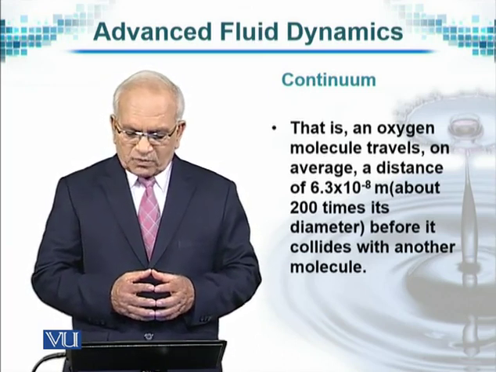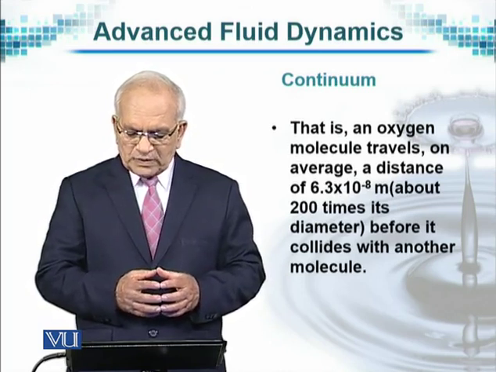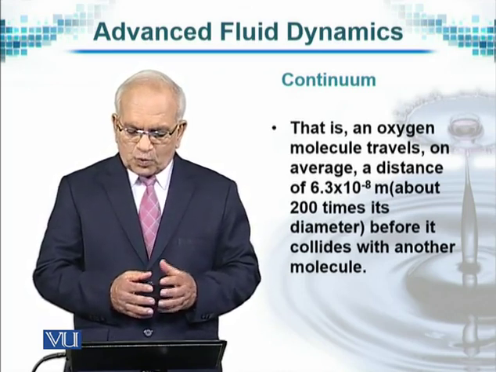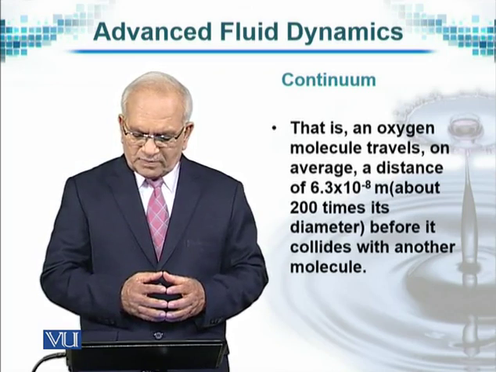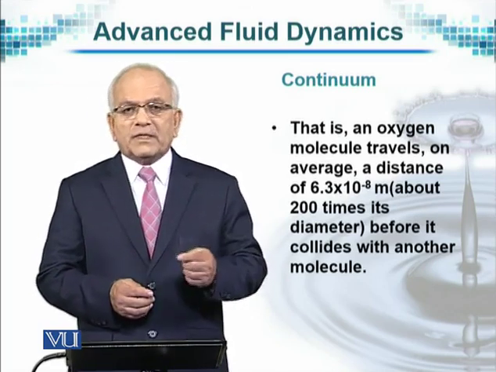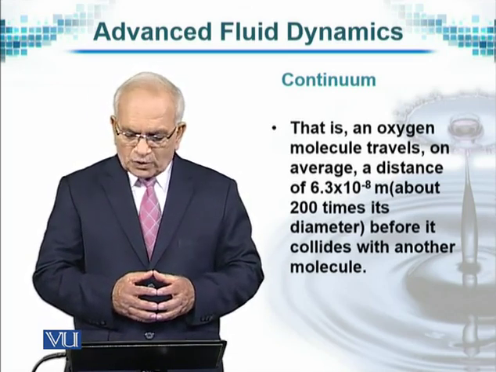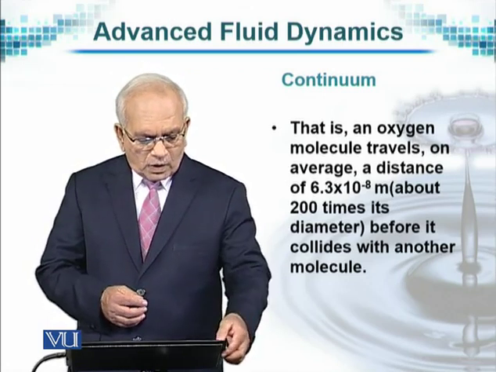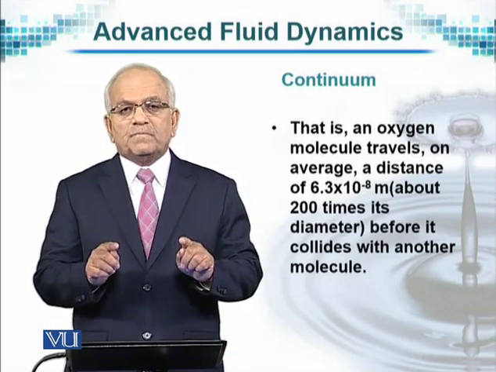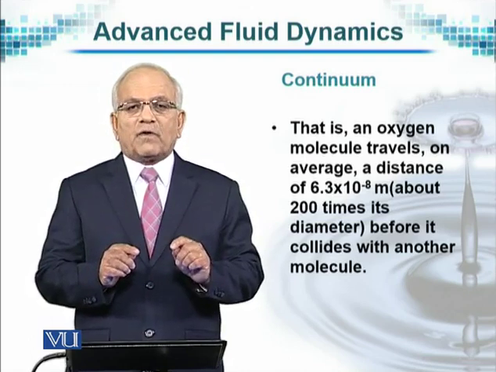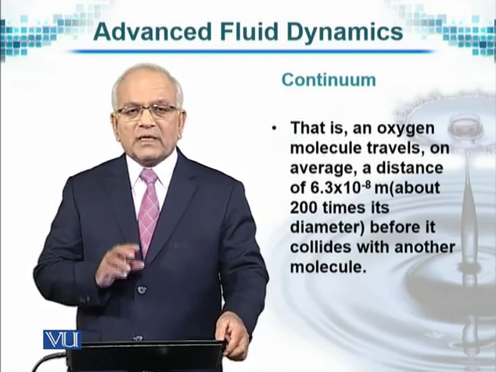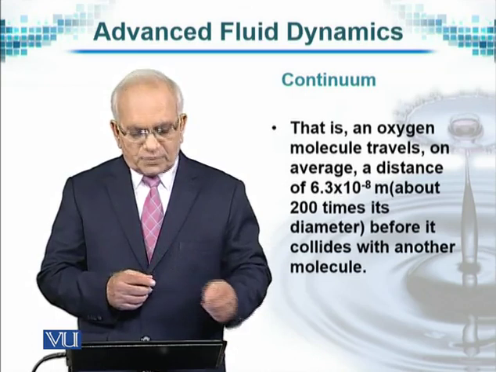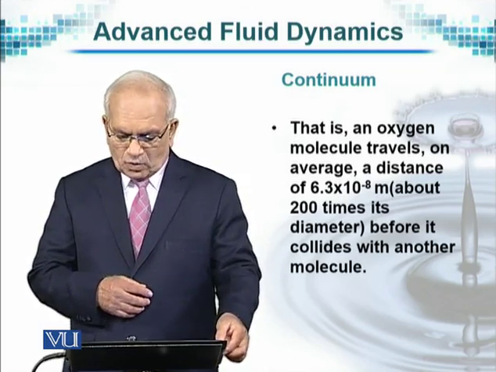If we compare it to the diameter of the oxygen molecule, it is 200 times its typical diameter before it meets its neighbor. So they are spaced at a distance nearly equal to 200 times the diameter of a typical oxygen molecule.